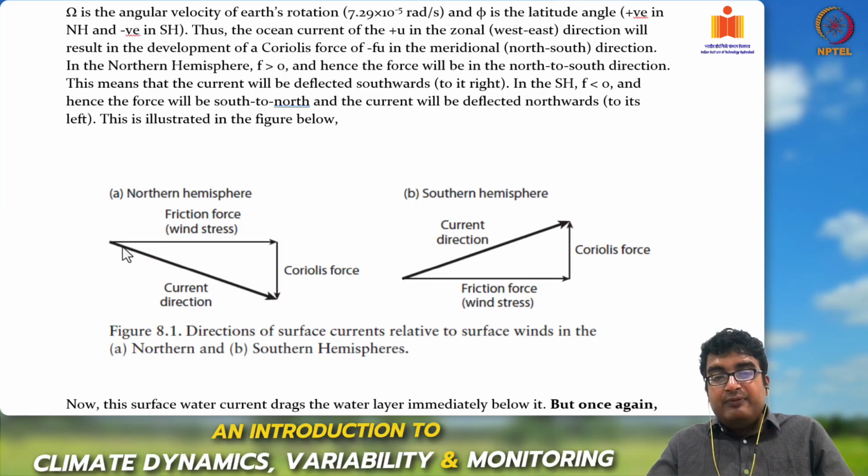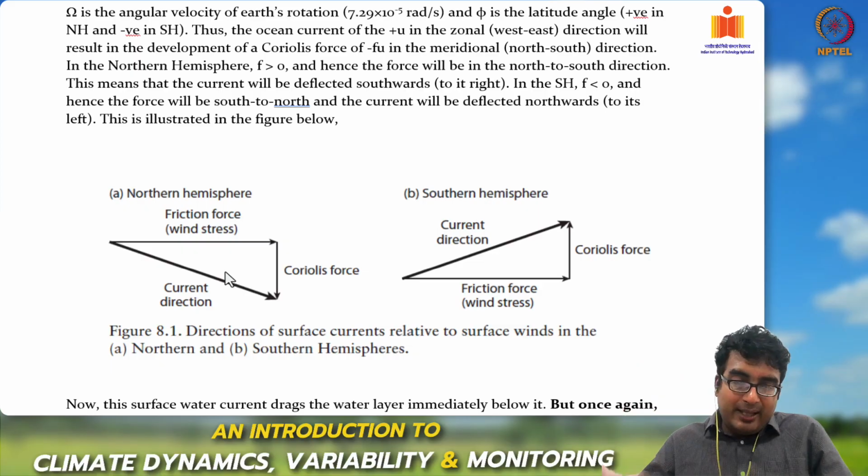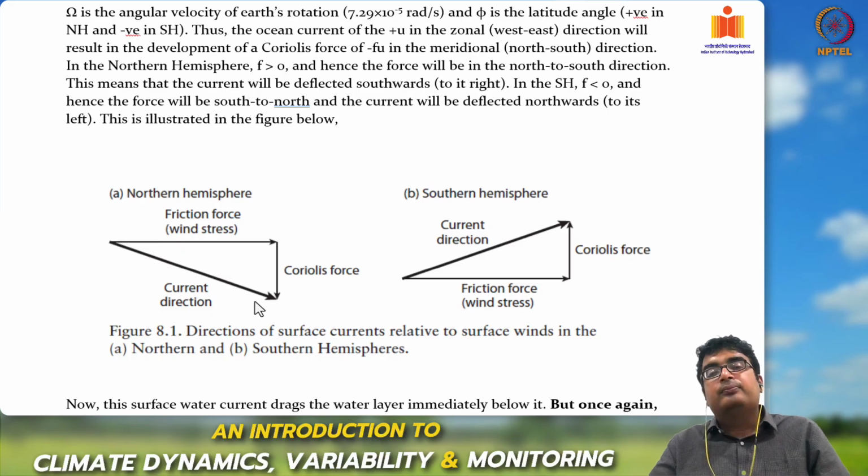In the northern hemisphere, the Coriolis force is affecting, and the actual direction is shifting rightwards. Coriolis force in the north to south direction, and hence the actual current is shifting rightwards. Similarly, in the southern hemisphere, the actual current is shifting leftwards.